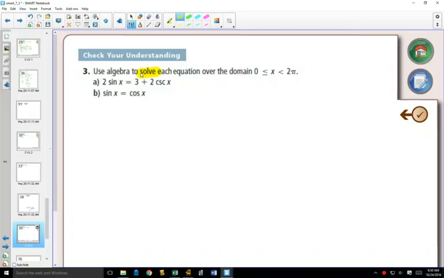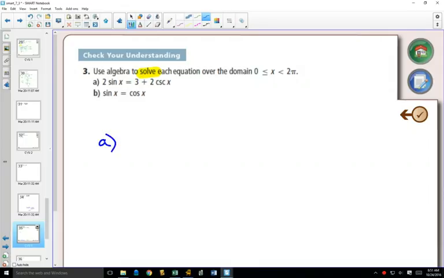Well, one thing that we're going to find with our solving questions is that we can use our identities as part of the strategies for solving them. And one of the main strategies that we're going to look at is if you can write everything with the same trig function, it's going to be easier to solve. Right now, this question A has a sine and a cosecant.